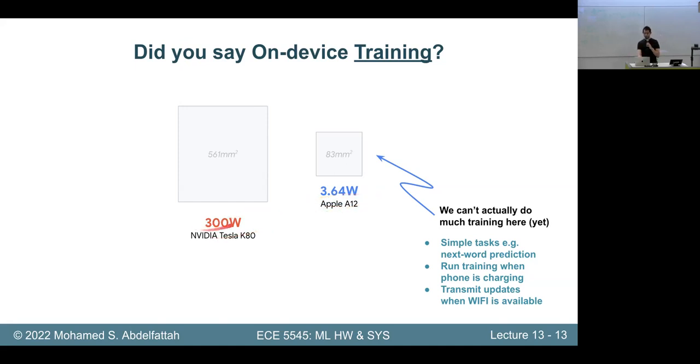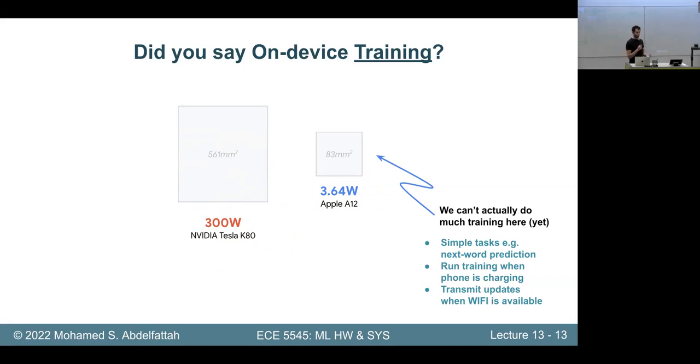So when we compare the devices that we usually use for training versus the devices that we're talking about now, the most powerful kind of device in a federated learning setting will look like this. It will be an Apple chip with an NPU, about 3 or 5 watts of power, which is 2 orders of magnitude less than an NVIDIA GPU, which is typically used for training. So keep in mind that we can't actually do much training on that device, right?